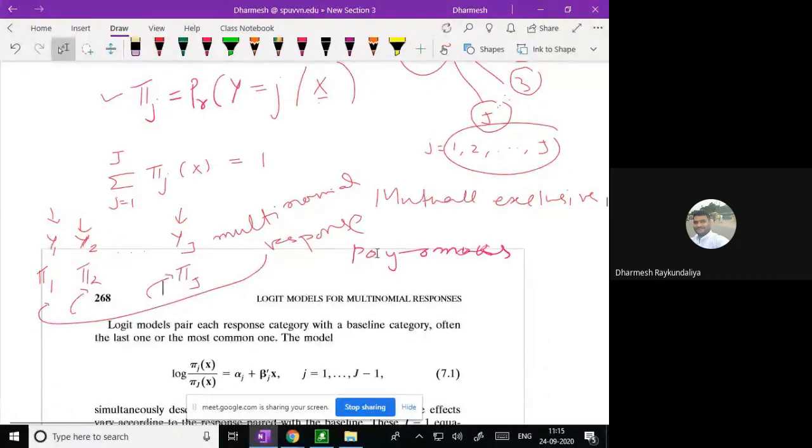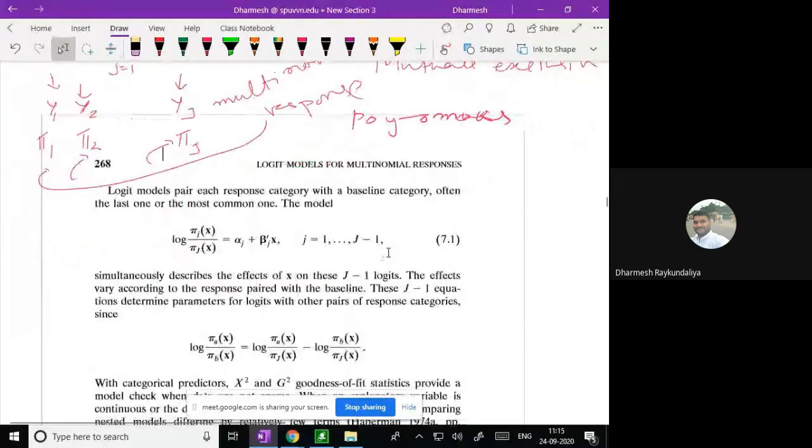Okay, so let us write the logit models. Logit models pair each response category with a baseline category. Usually we write the last one, or the most common one, as the reference category.